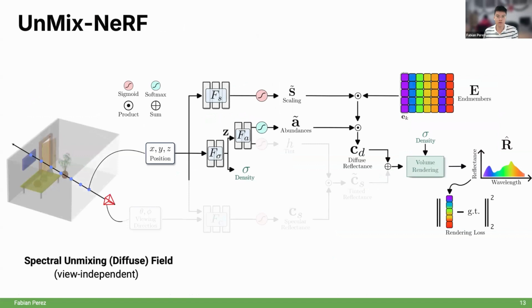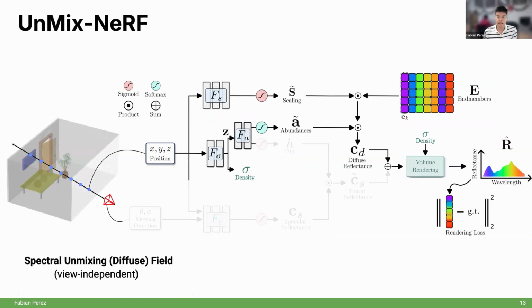Okay, so let's focus on the view-independent diffuse field. At each 3D point, we produce a density, this is typically from NeRF, and then we also predict the material abundances and a scaling factor that absorbs illumination and environmental variability. We apply a softmax to the abundances, so they are non-negative and sum to 1 to be physically feasible.